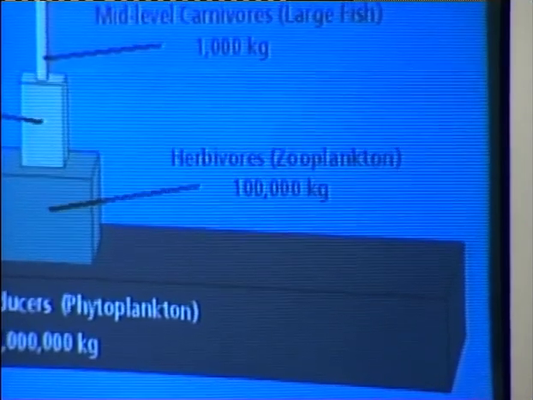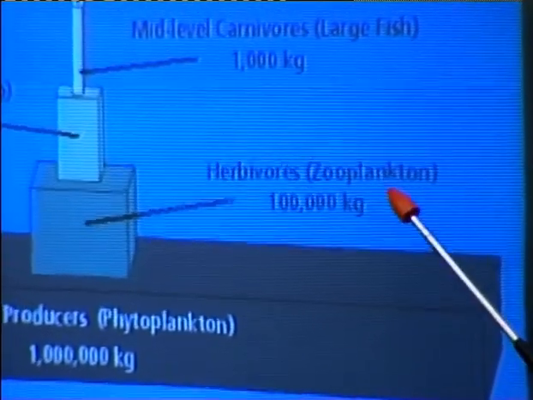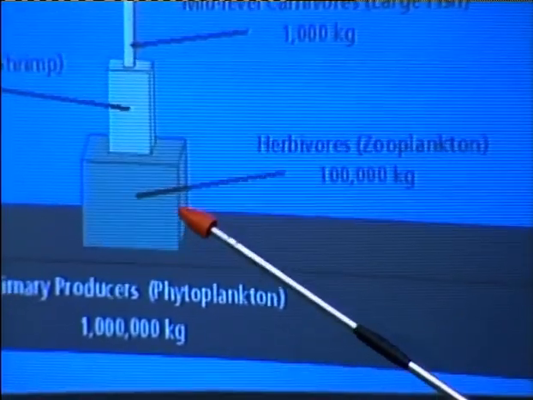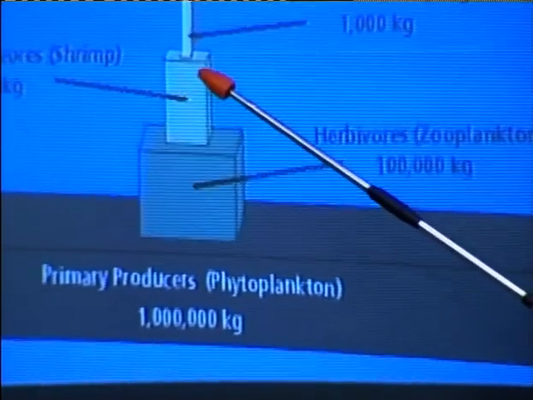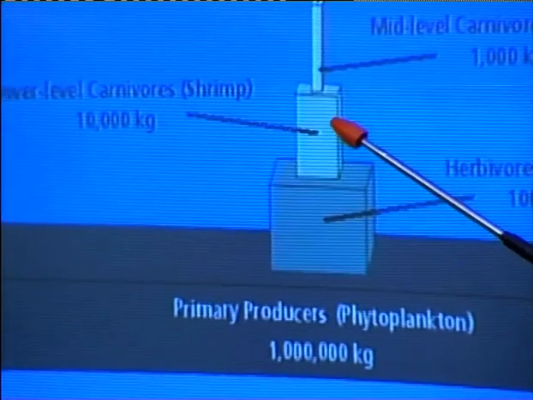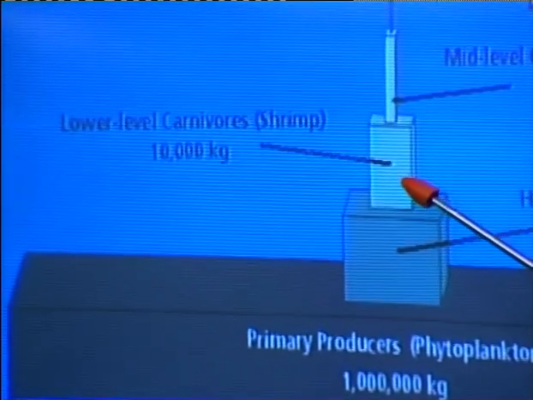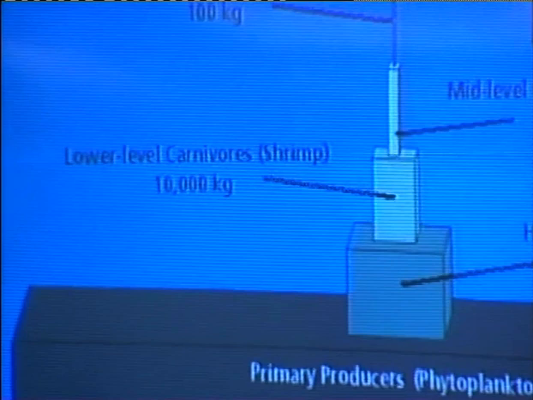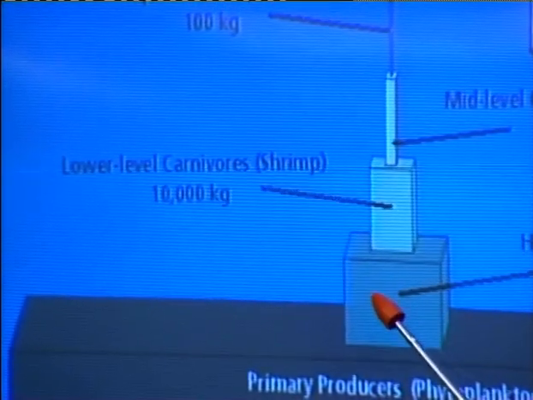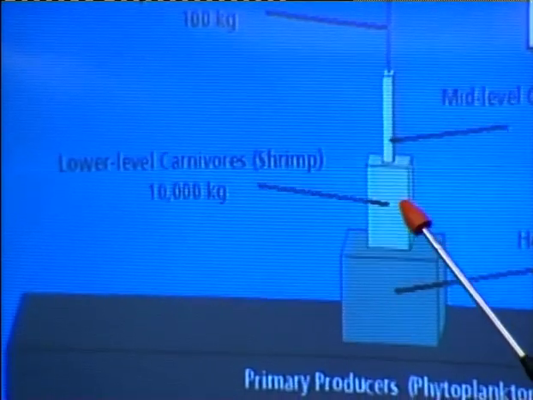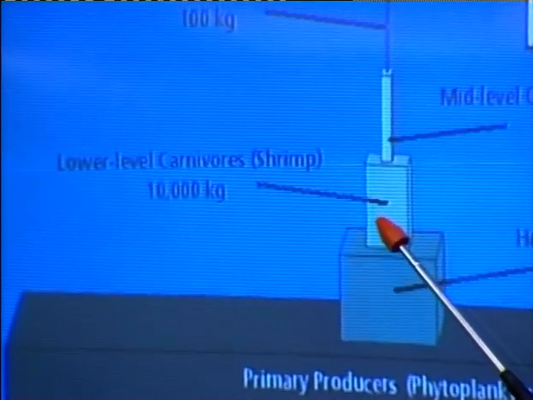Okay, so you have 1 million and then 100,000. And the little rectangular box just above that, in light greenish color, there's about 10,000 of them. They are carnivores. These are all shrimp, like prawns. Okay, shrimps are like prawns.